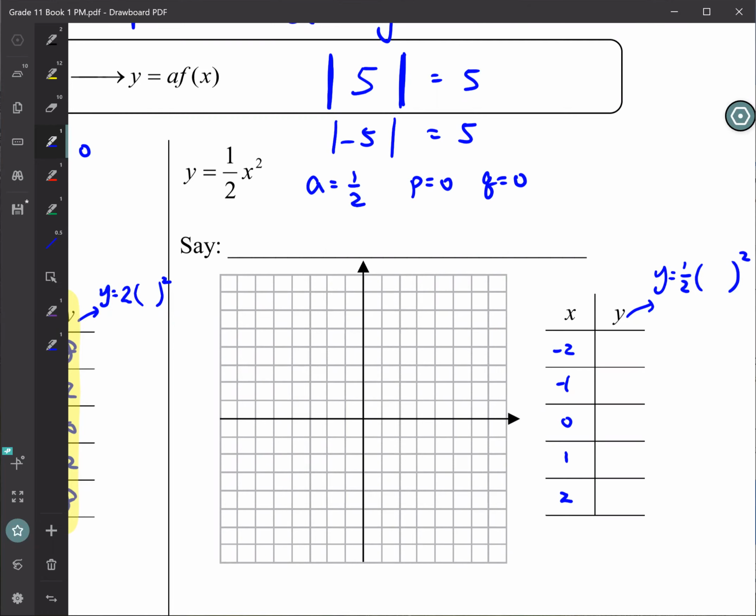For -2, y is 2. -1, 0.5, good. 0, 0. 1, 0.5. 2, 2. Very good. All right, so let's plot the points. Please raise your hand if you finished. Harry, Jiawen, Marcus, are you done with the graph?